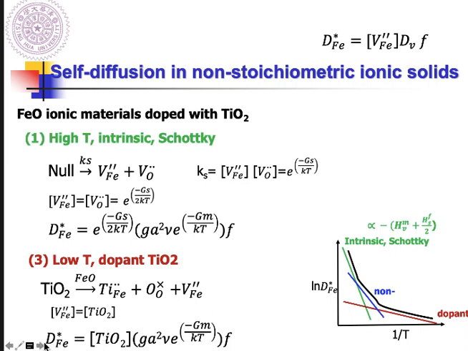So you can easily formulate the result: the fraction of TiO2 times d times V times F. When you take the log of this equation, the slope will be only this term, so the slope will be proportional to the migration enthalpy of the vacancy.